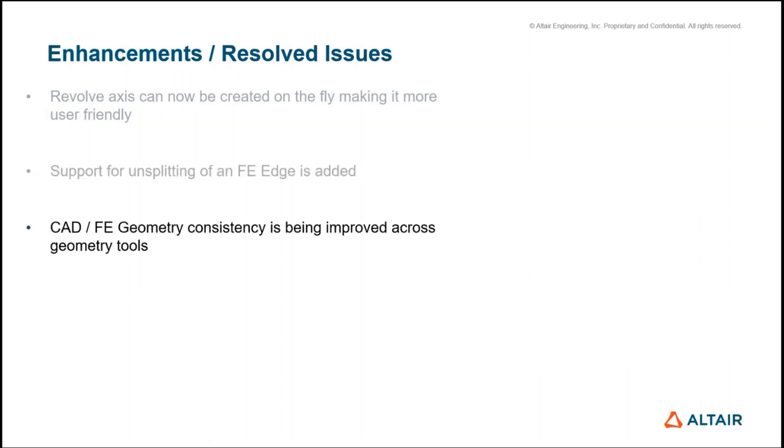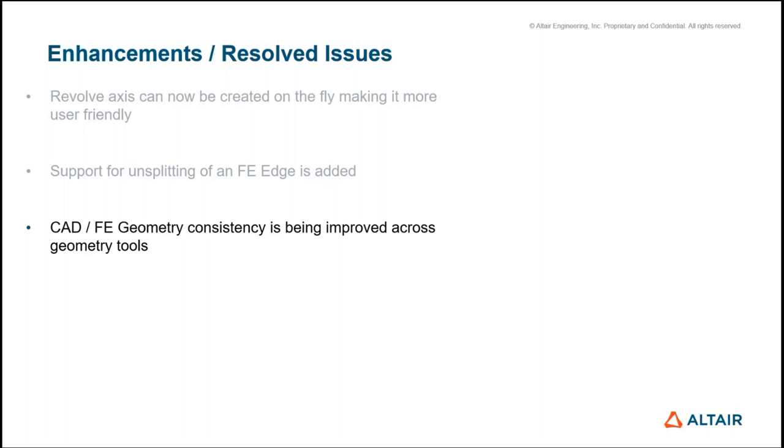As I was mentioning about the previous point, CAD and FE geometry should behave the same way. So we have modified all the tools like ruled, extrude, and revolve, and also some of the tools like surface patch, from the outcome of it.